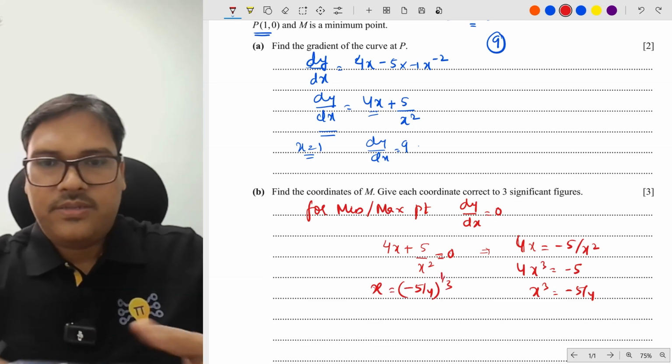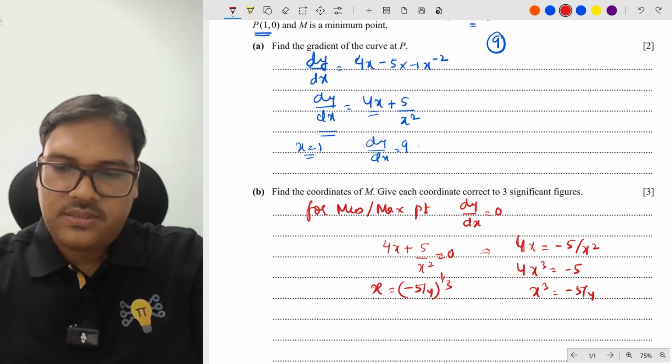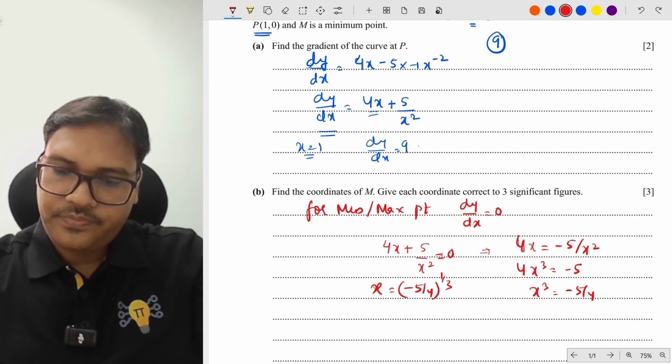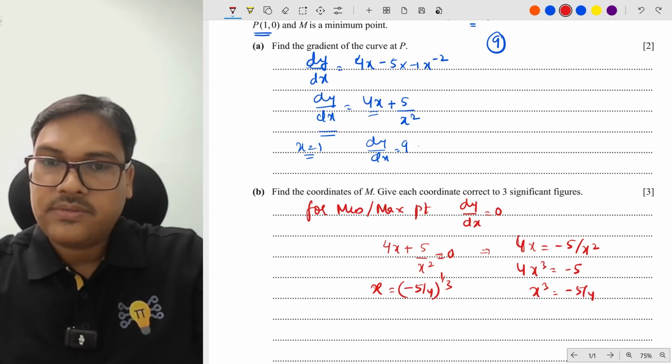So now we can just put the values in the calculator and check what this is. This is minus 5 by 4, raised to 1 by 3. That is cube root.